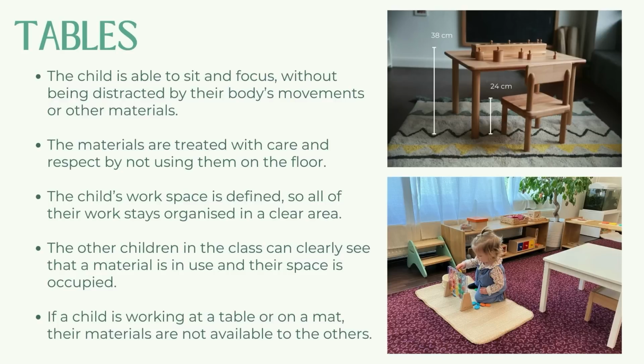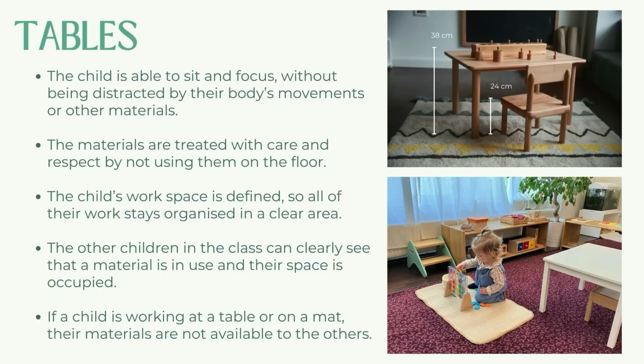Firstly, the child is able to sit down and focus without being distracted by their body's movements or other materials that may be close by. The materials are treated with care and respect, so we don't use them straight on the floor. The child's workspace is defined, so all of their work stays organized in this small, clear area.